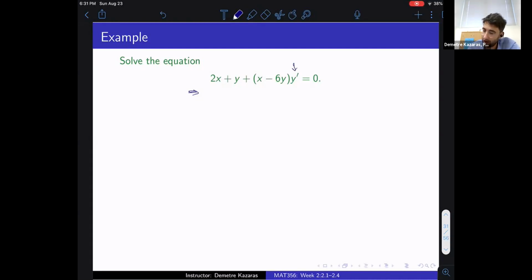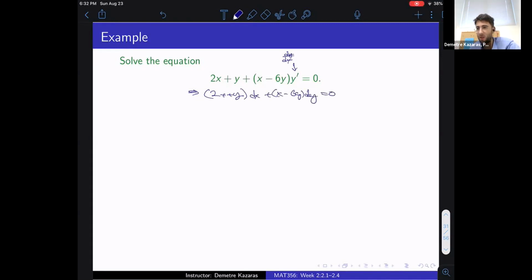To convert it, we'll just notice that y prime is dy dx, and then we get the differential form version by formally multiplying through by dx. It's not legitimate, but it's just another perspective on the equation. And we get (2x plus y) dx plus (x minus 6y) dy is equal to 0.